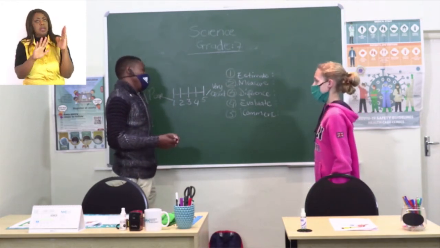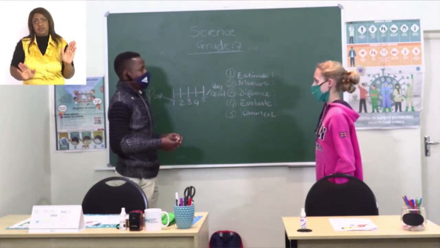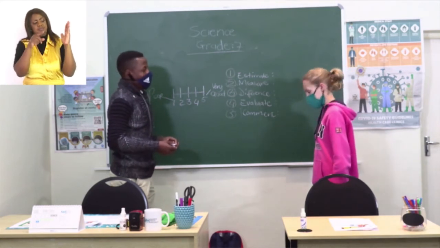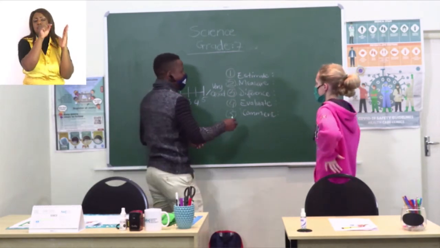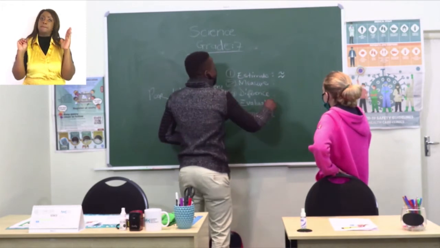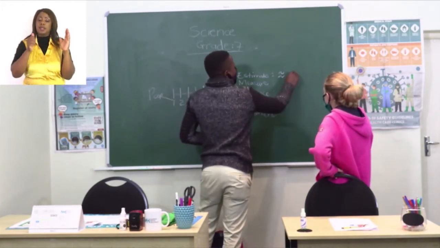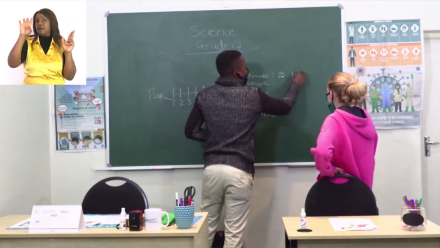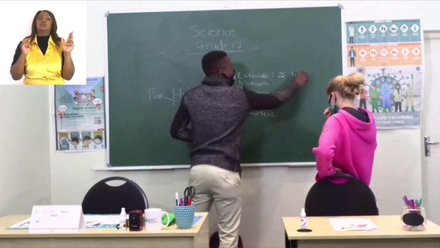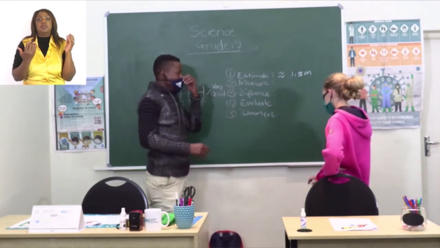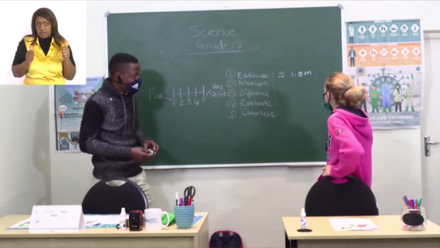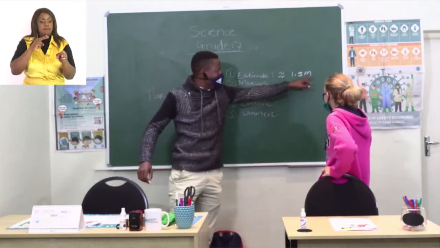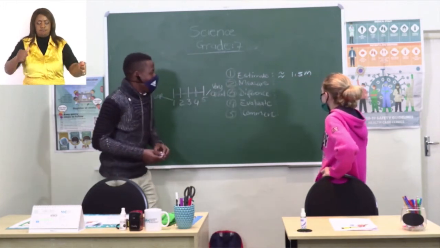If I have to guess, I would say it's 1.5 meter, maybe. This would be my estimate. So your height maybe is 1.5 or 1.6, 1.5 meter. The unit must be indicated also.